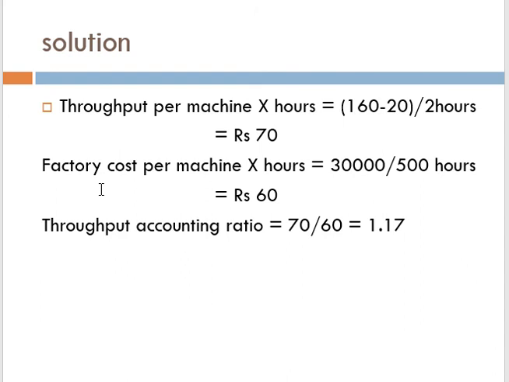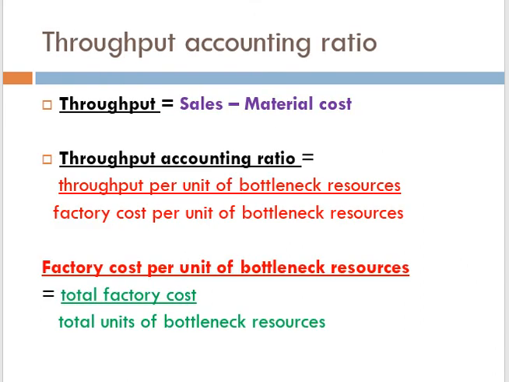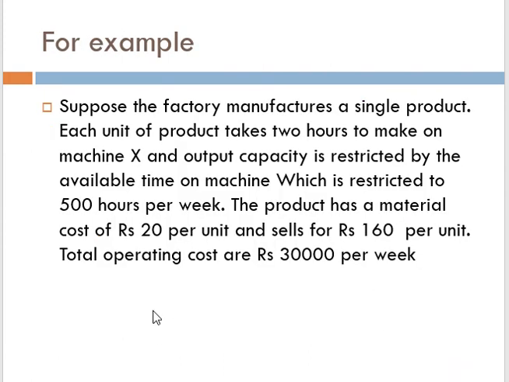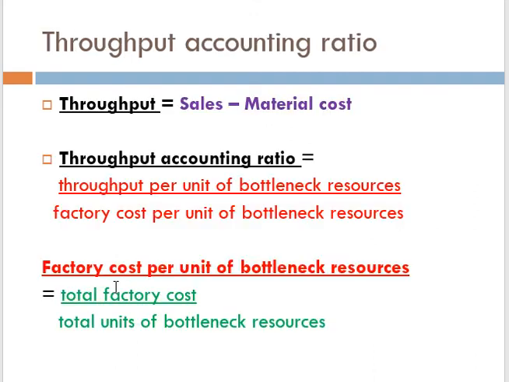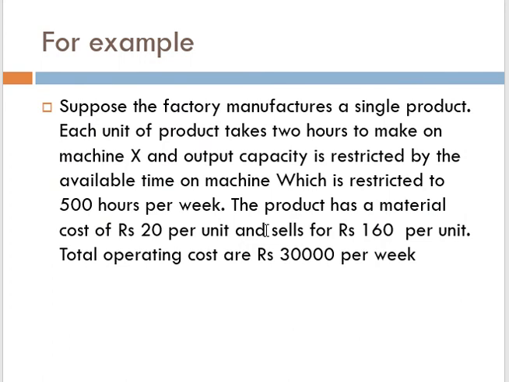After we find the throughput, we are going to find the factory cost per machine X hour. The formula is total factory cost divided by total units of bottleneck resource. Total factory cost is nothing but the operating cost incurred, which is rupees 30,000. What is the bottleneck here?